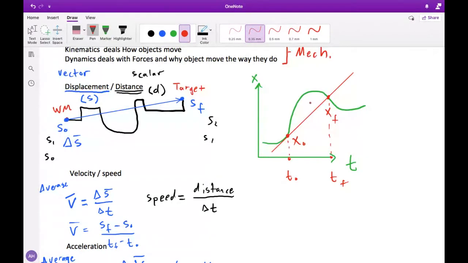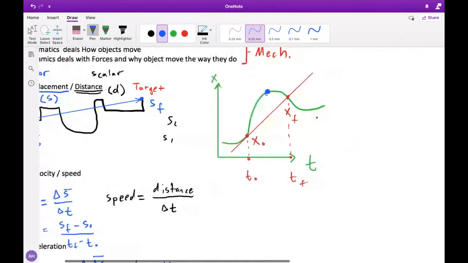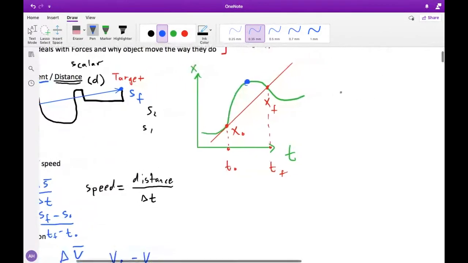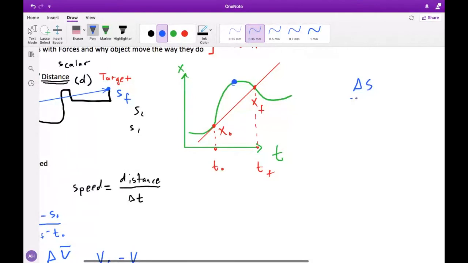Now, instead of the average velocity, let's say you wanted to find the velocity at a certain instant, at this singular point right here, which would be the instantaneous velocity. So what we would do is take this delta S over delta T and take the limit.